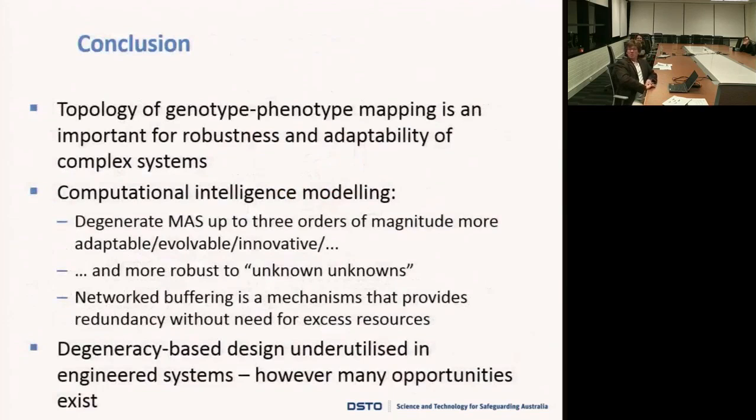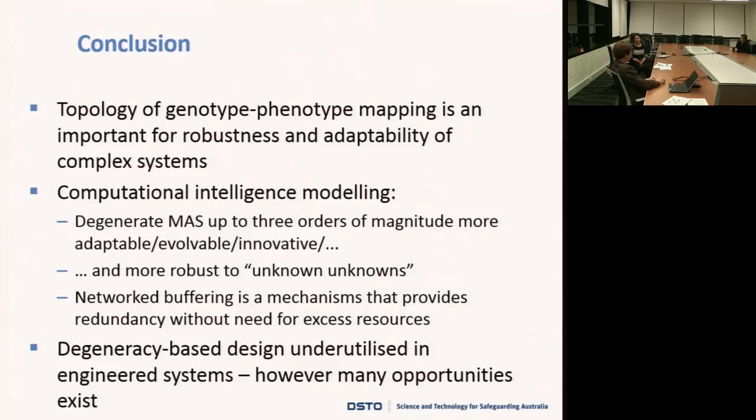So the key for me, if there's nothing else for you to take home today, is that the topology of this mapping of design to function is an extremely important aspect in complex systems design. In particular, if you're interested in building robust and/or adaptable systems. This is something that's often forgotten.